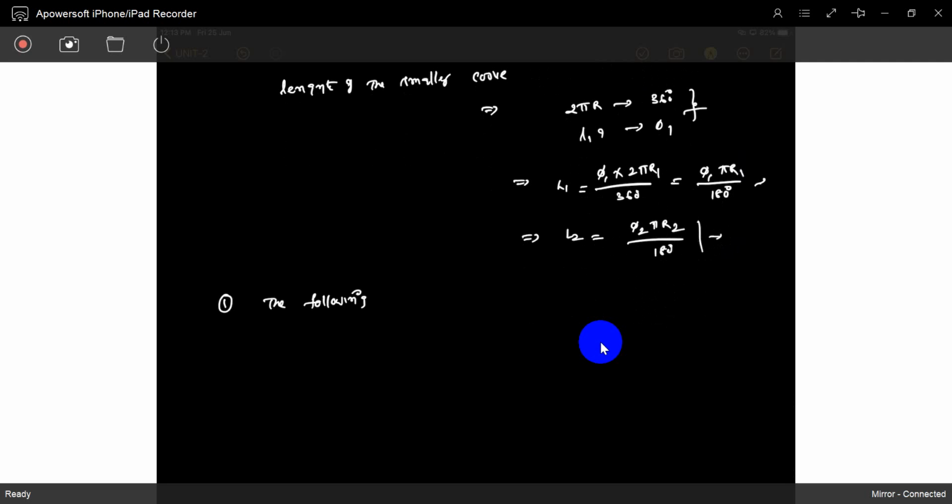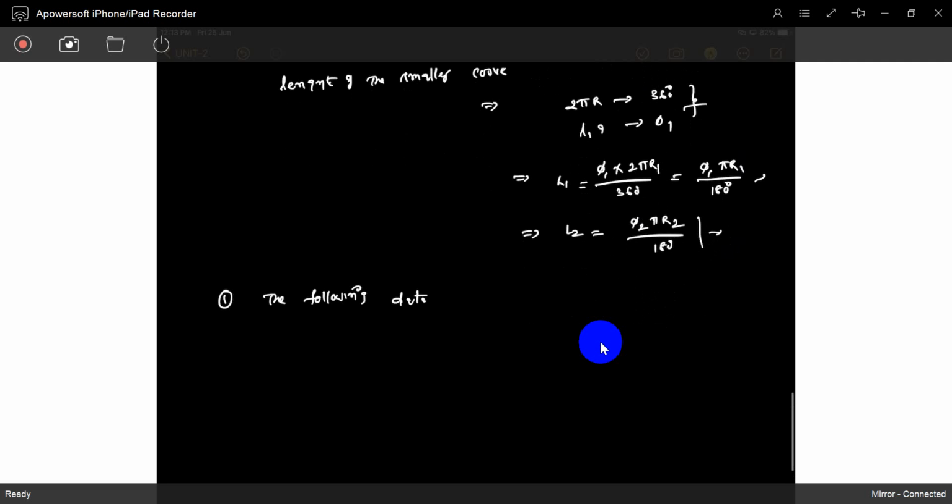The following data refer to a compound curve. Total deflection angle is 80.